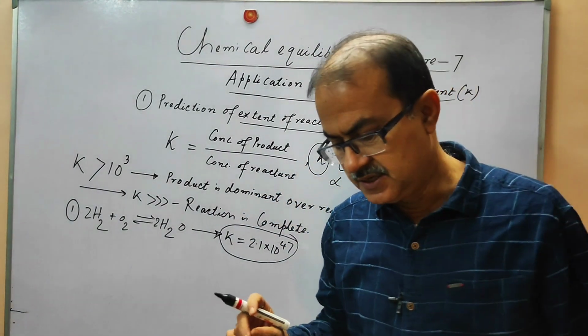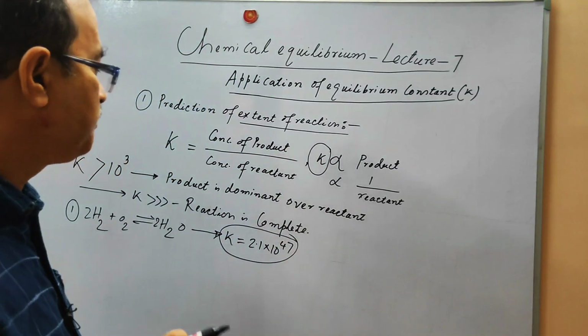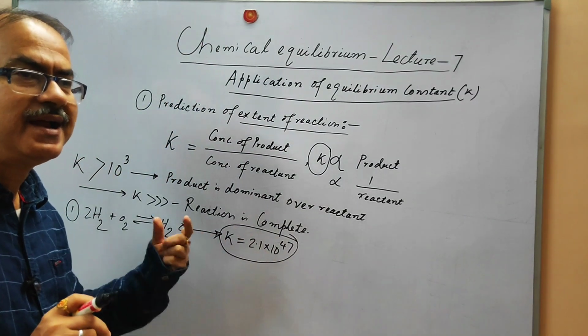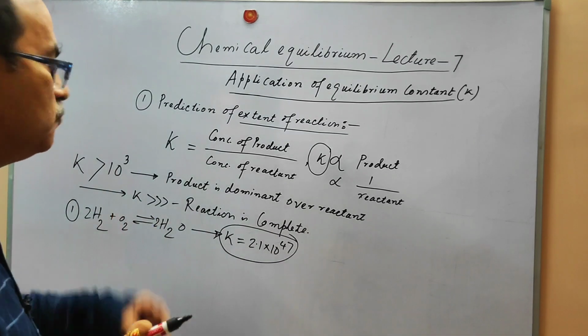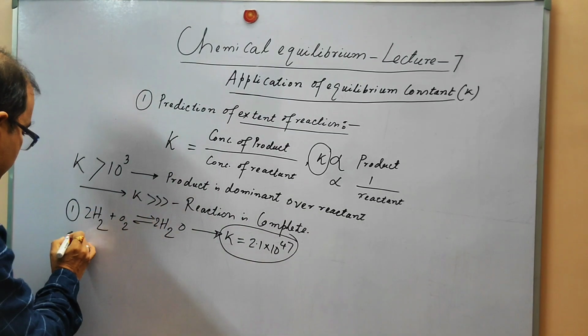When the reaction is almost completed, it gives a very high K value. It is indicative that at equilibrium the product will be very much dominant over the reactant.